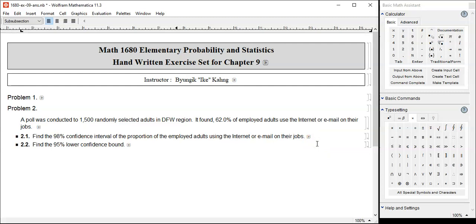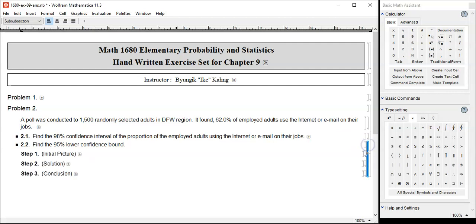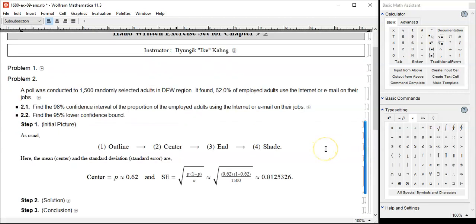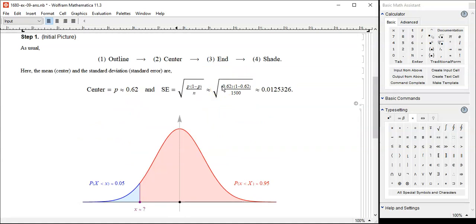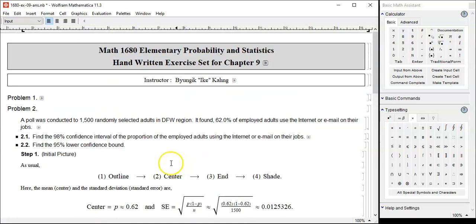Let's go for 95% lower confidence bound. So we want 5% to the left and 95% to the right because we are looking for lower confidence bound like this. 5% here, 95% there. See, previously we had two wings, left and right, and then we had center portion. That's because we were looking for confidence intervals.